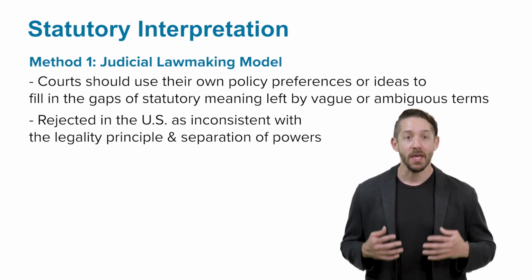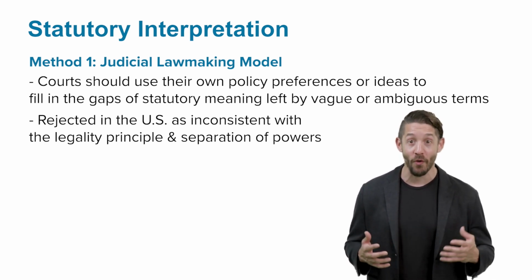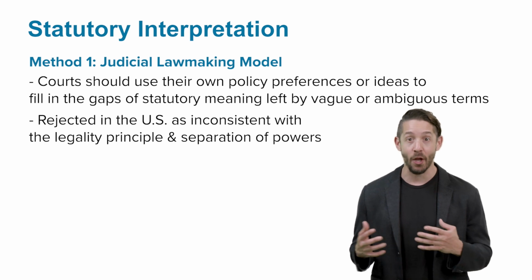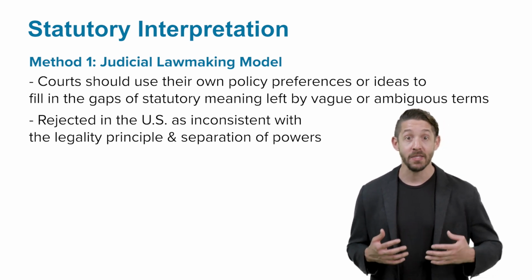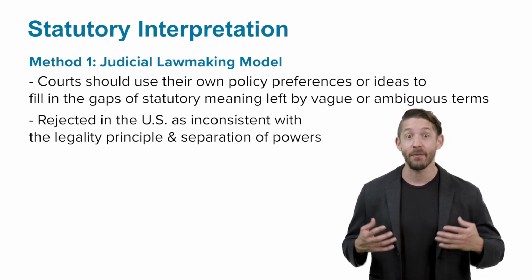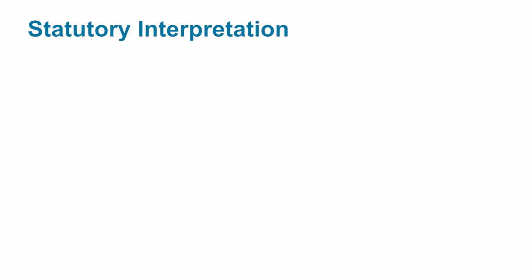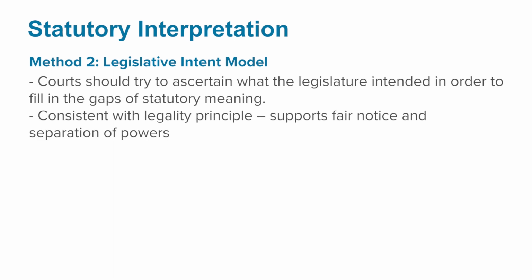Another problem is that asking judges to serve as a junior varsity legislature whenever a vague or ambiguous term is used violates the separation of powers and the idea of limited government. Okay, so that's why the legality principle rejects the judicial lawmaking model of statutory interpretation. But what kind of method does it support? That method, which is one that just about every judge in the country accepts, is one focused on legislative intent. The idea behind this common method is simple.